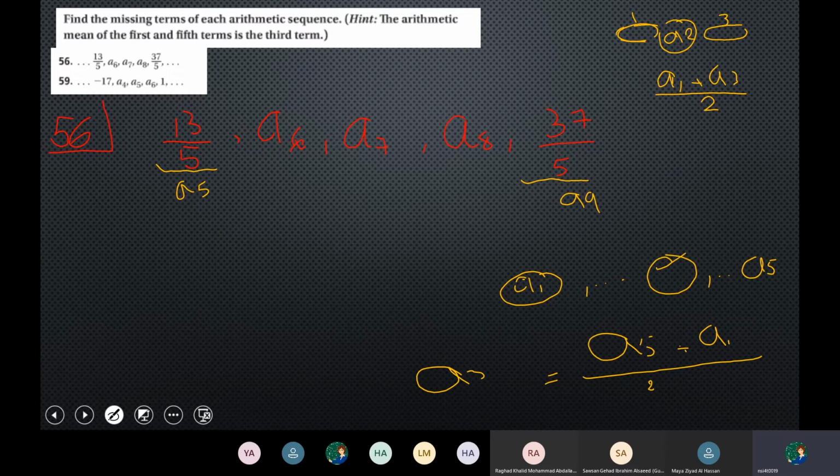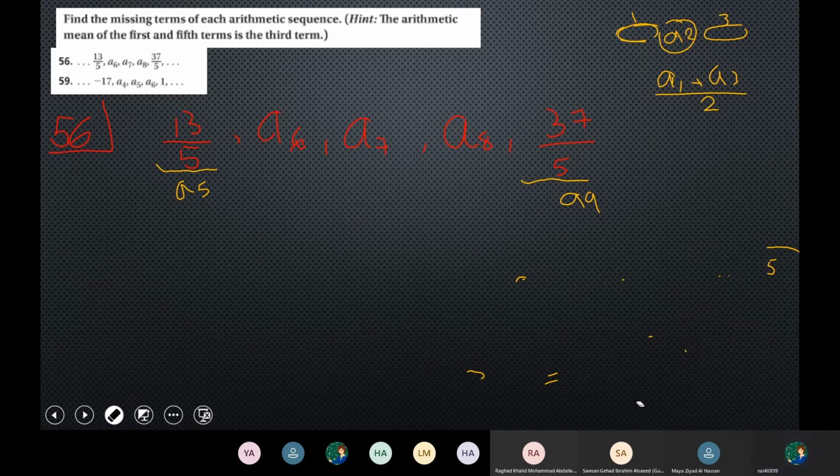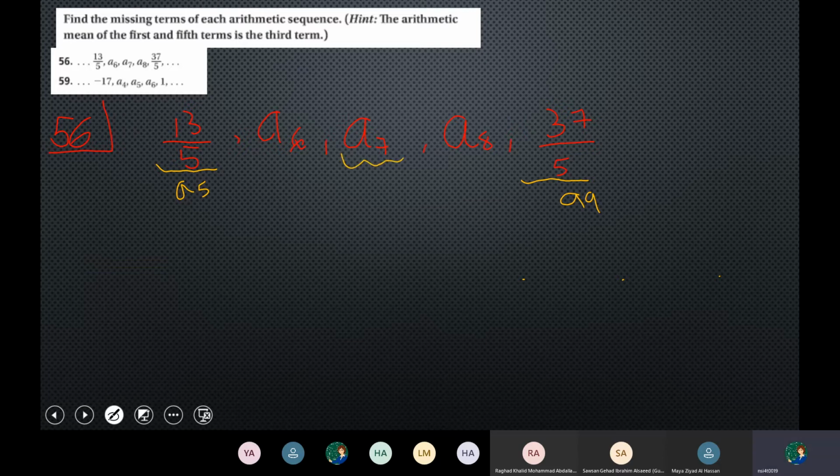The arithmetic mean of the first and the fifth term is the third term.